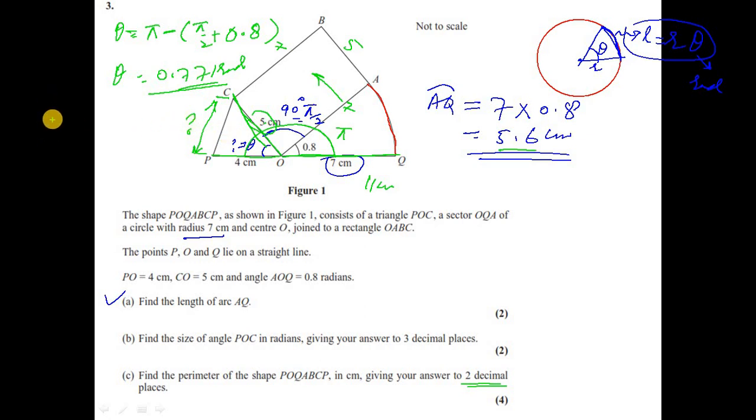So cosine formula says that in any triangle, if you have 3 sides A, B, C, and you need to find any one of the sides, let's say you need to find A, so square of A would be equal to the sum of the squares of the rest of the 2 sides, B square plus C square, minus twice the product of the same given sides, 2BC, because we are using cosine law.